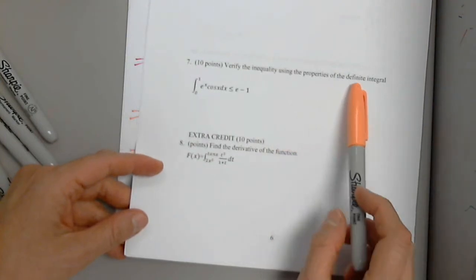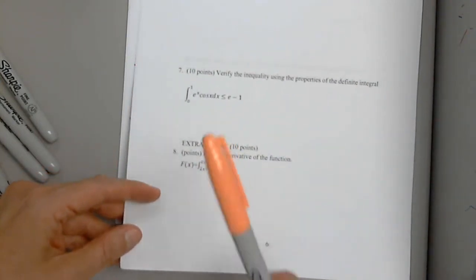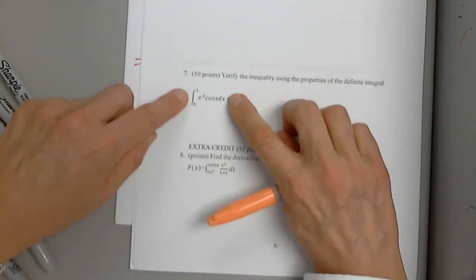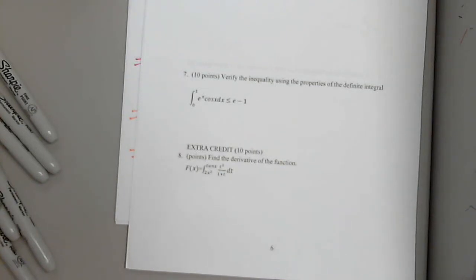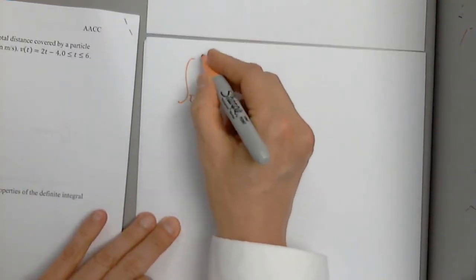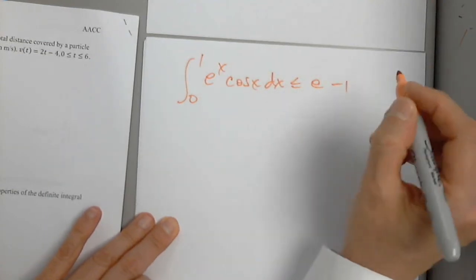Okay. Verify the inequality using the properties of the definite integral. So you will not be able, don't attempt, you will not be able to determine the antiderivative of this function. Don't even try. We are only asked to show that the integral from 0 to 1 of e to the x cosine x dx is less than or equal to e minus 1.